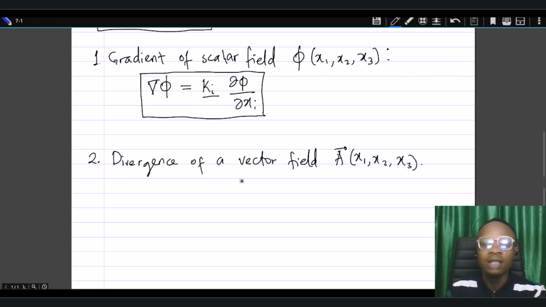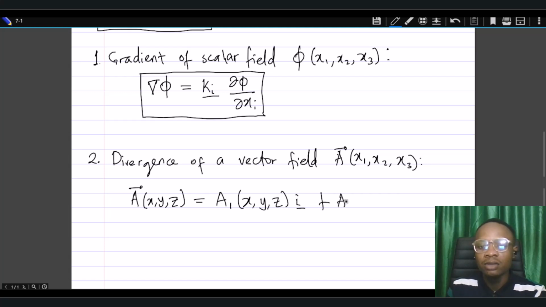We know we can write a vector, from what we have done so far, as A of x comma y comma z, equal to A1, meaning the x component of that vector, which is by itself some function of x y z, times I, plus A2, also some function of x y z, times J, plus A3, some function of x, y, z, times K, because that is the z component.